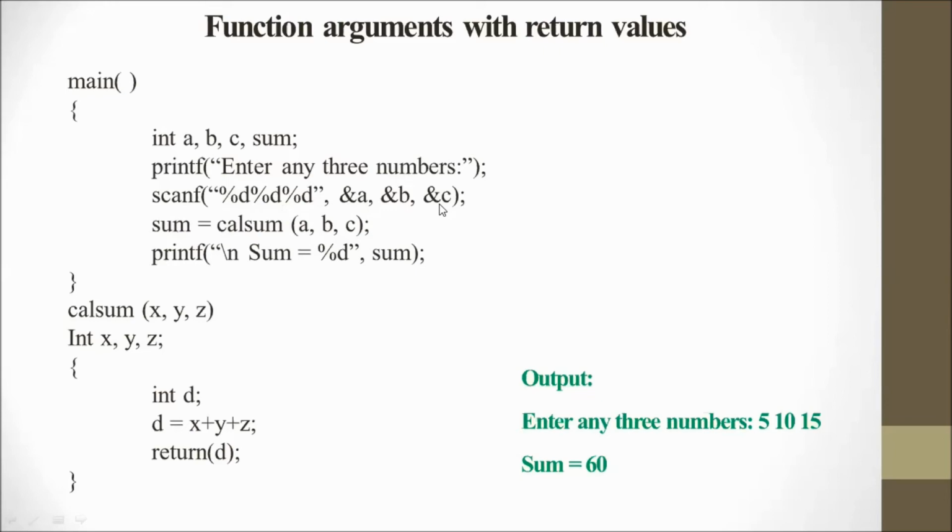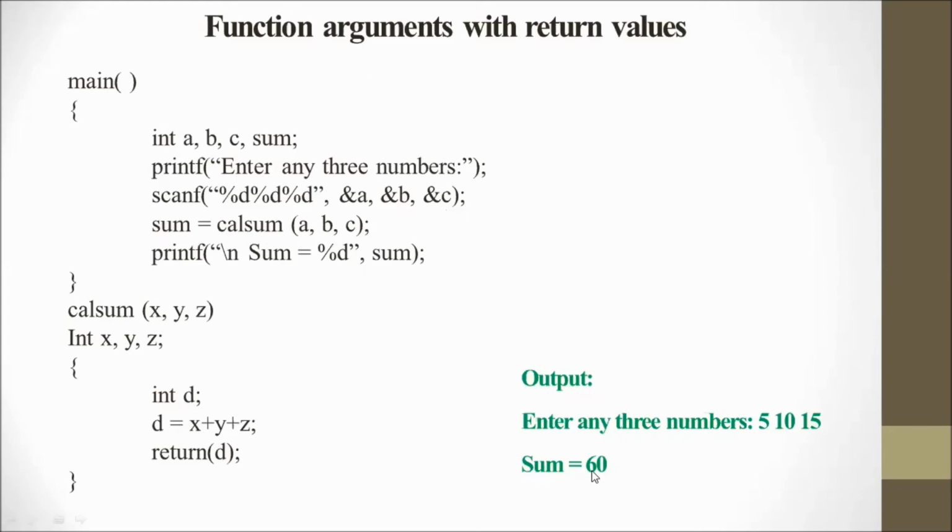These values will be copied to the sum function's a, b, c, and the same values will be copied to x, y, z, which will be added. The result will be stored in d, and d is returned to the call, and printf will print the sum of the result.